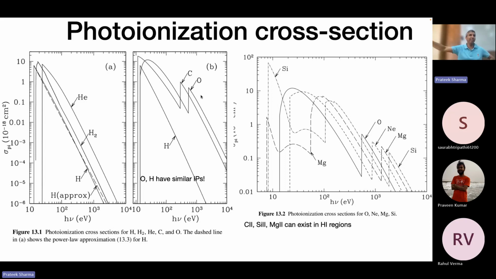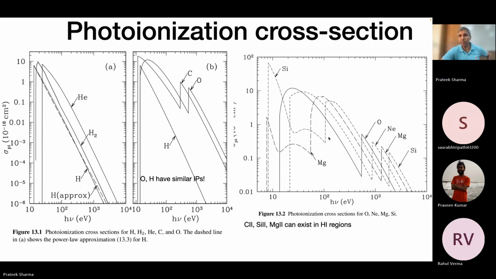At higher energies, sometimes you can hit a resonance of an inner electron rather than the most loosely bound electron. These values are from atomic physics calculations.